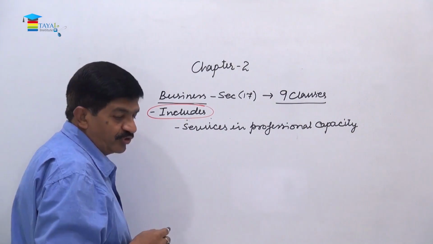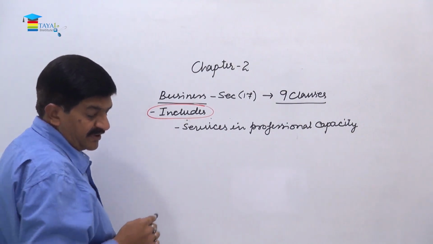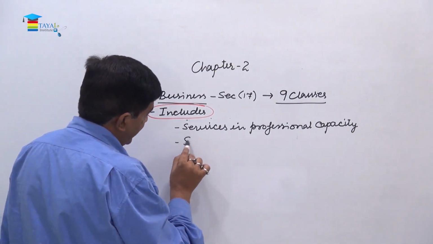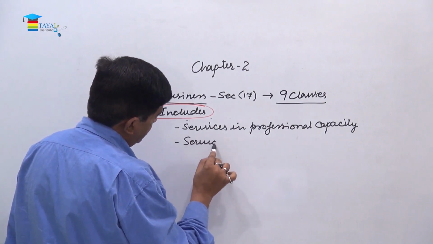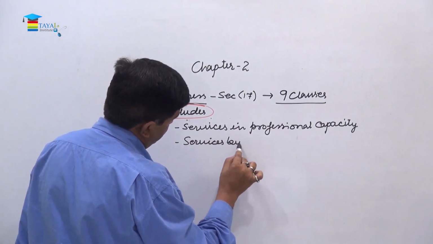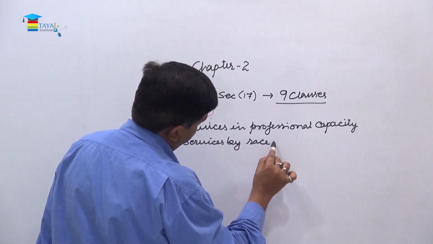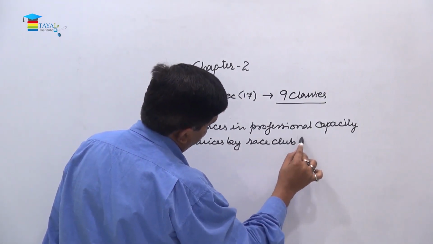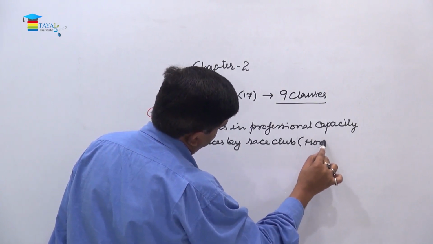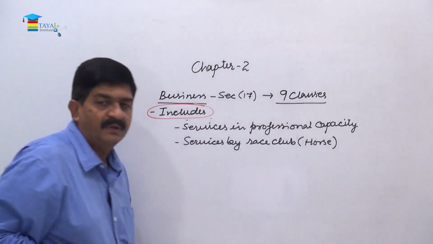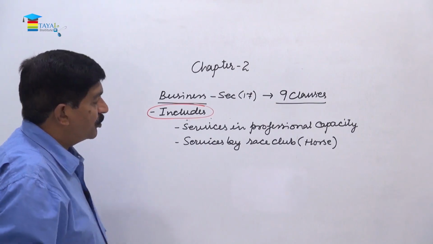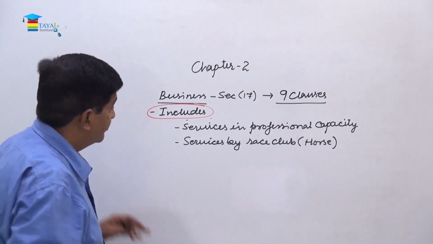Services in the professional capacity. Then services by a racing club, and this is certainly horse race, right? So all these are regarded as business.